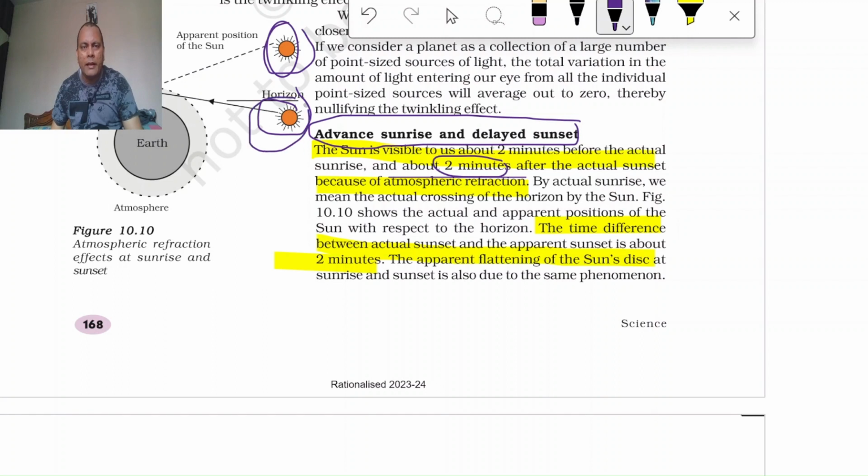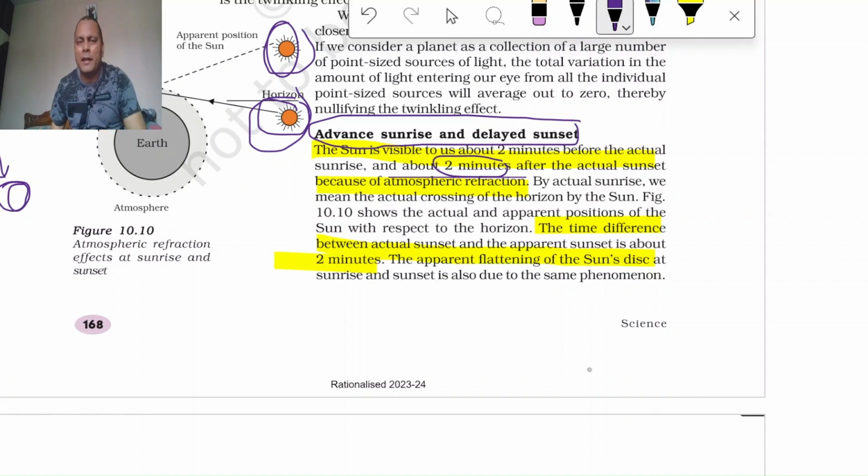In the same way, when the sun is setting, the sun will actually go there, but it will still show beyond this. The actual sun will be here, but due to atmospheric refraction, it will appear to go down.